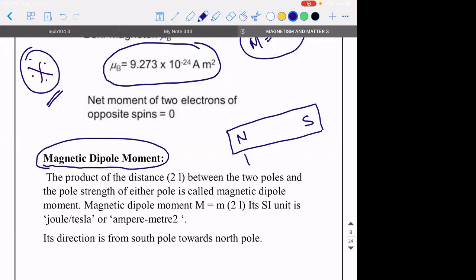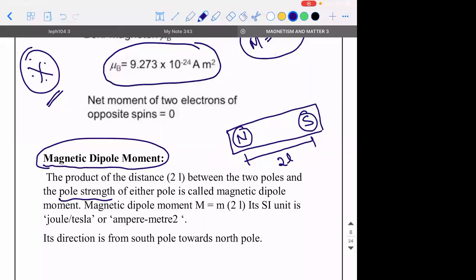If I take the distance between the north and south pole as 2l, the reason I'm taking it as 2l is the same as in the electric dipole, where we took it as 2a. Same logic.